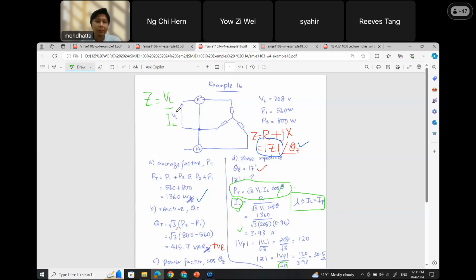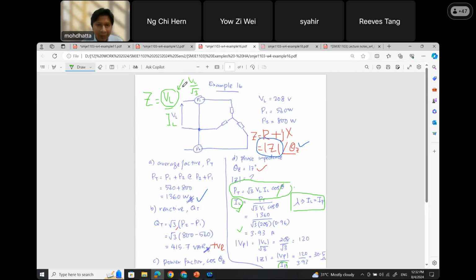You cannot do it unless this is a star connected load and you change it into phase quantities, where this I line is a phase quantity, and this one should be V line divided by square root of 3.